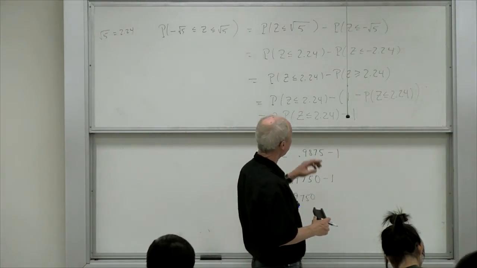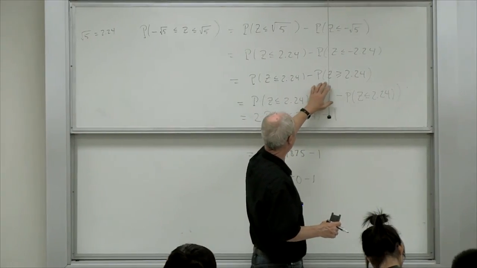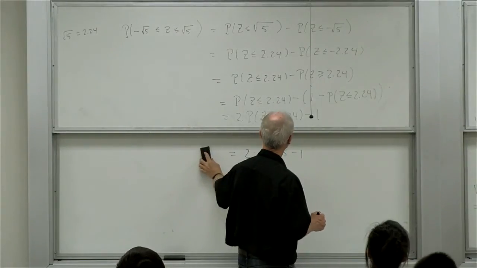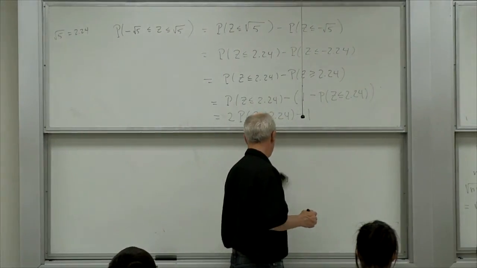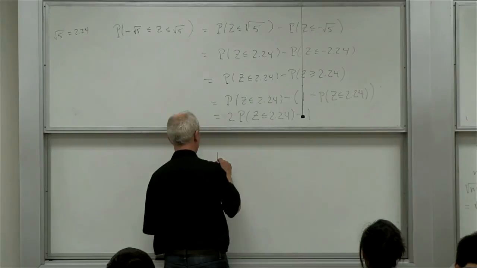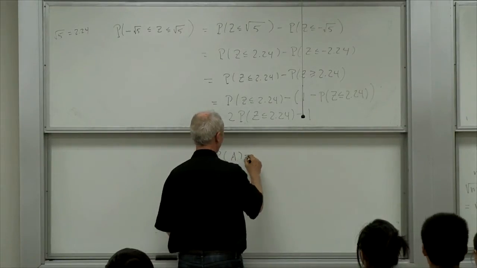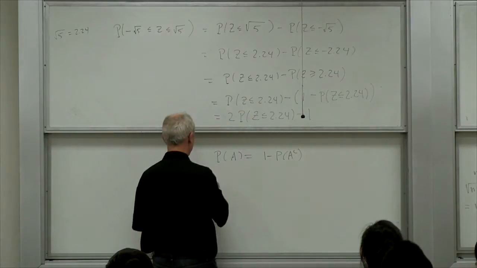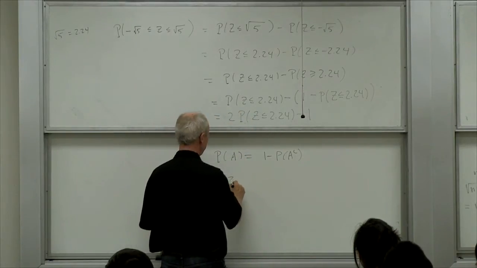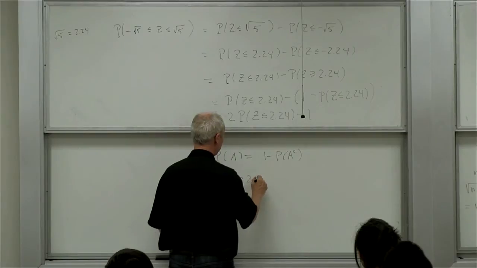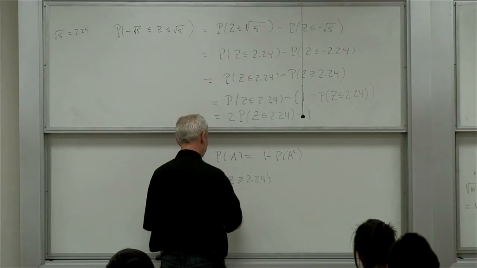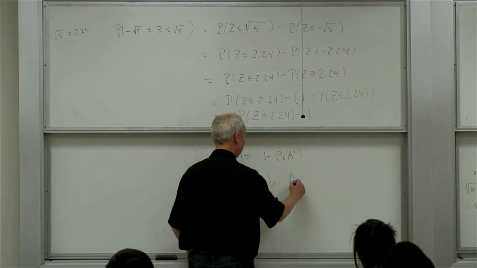All right, so I want to go back for a moment to the step from here to here. Here I claim I'm using probability of A is equal to 1 minus probability of A complement, where A is the event Z bigger than or equal to 2.24. So what would A complement be then?